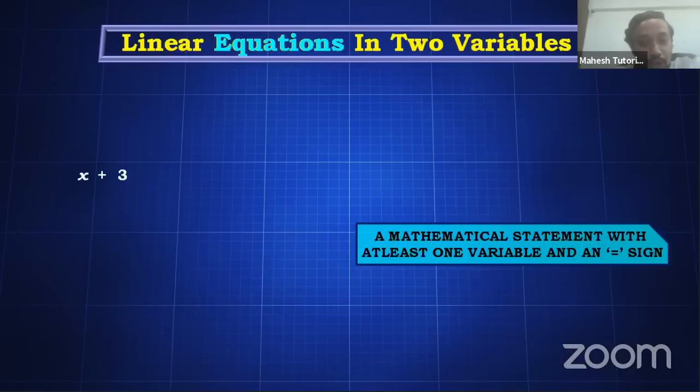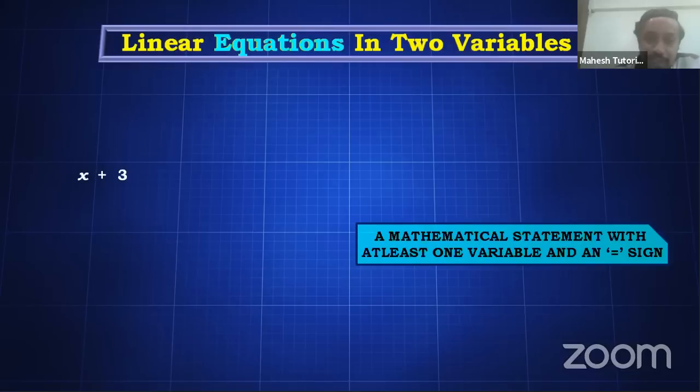Everyone, look at this mathematical statement: x plus 3. Students, can you all tell me, does this mathematical statement contain any variable? Yes, it has a variable, that is an alphabet. कौन सा variable दिख रहा है? x. Perfect. So the first condition is satisfied. It contains at least one variable. Now students, check for the second condition.